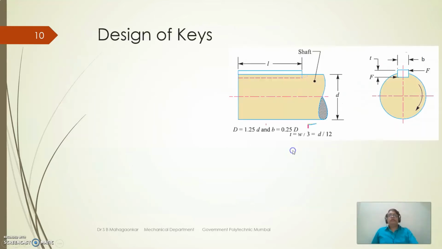Okay. So now we will go for design of the key. As you know, the main function of the key is to transfer the torque. The shaft transfers the torque to the key, and then the key transfers the torque to the hub portion. So there are two things. When it is transferring torque, generally you are going to get a shear failure.